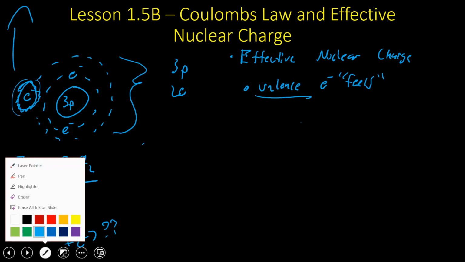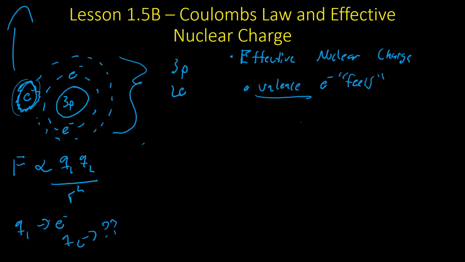That feels portion though, there's something called shielding. Shielding is the sum of the effects that these electrons are going to have, canceling out the charge that the electron feels towards the nucleus, the protons in the nucleus.